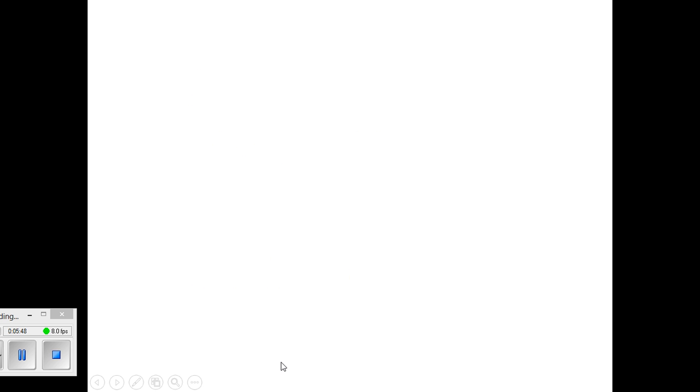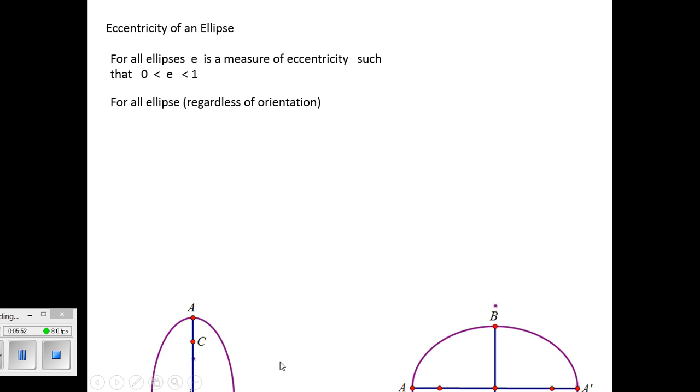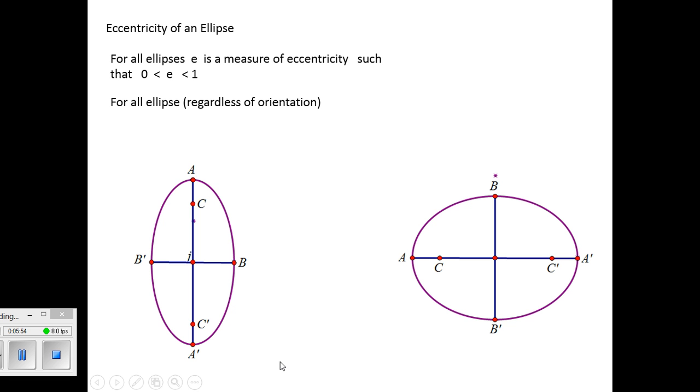We went through all that. Now we're going to talk about the eccentricity, regardless of the orientation. The eccentricity, as I said in an earlier video, is how the ellipse varies from that of a circle. So it's going to be a ratio.